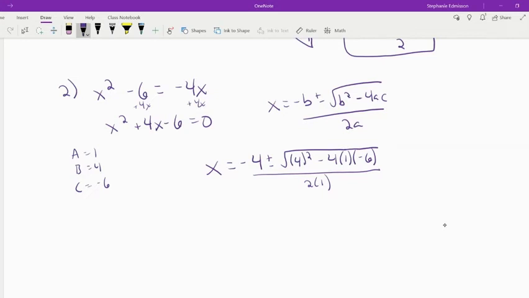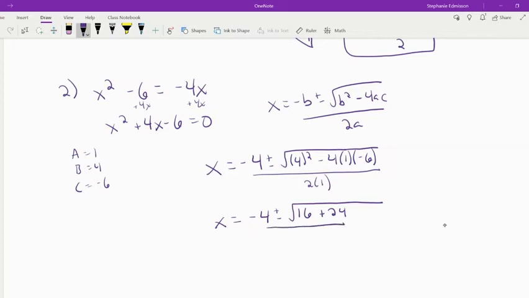Okay, so then x equals -4 plus or minus square root of 4 squared is 16 minus 4 times -6. So -4 times -6 is actually going to be a positive 24.